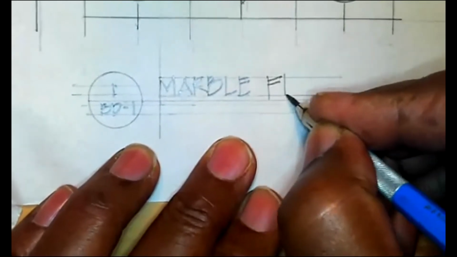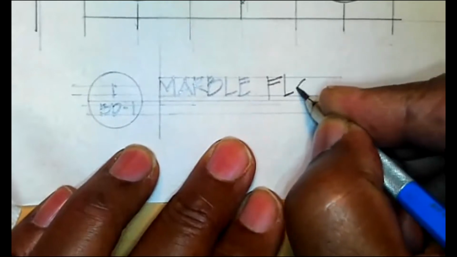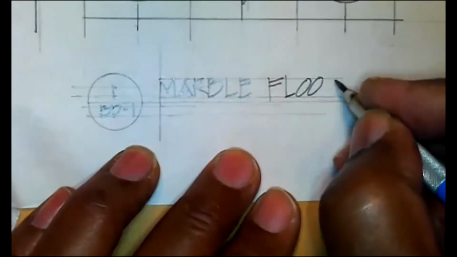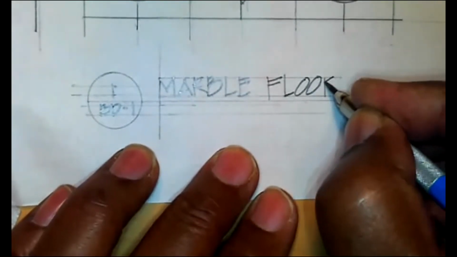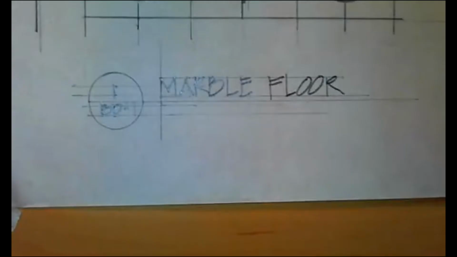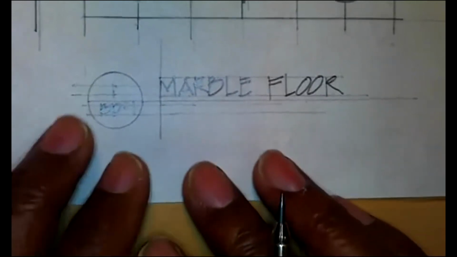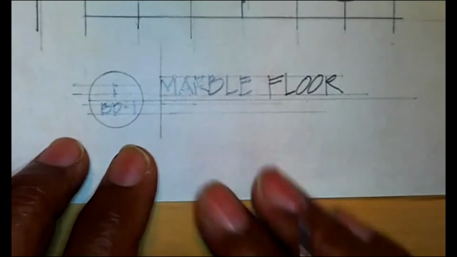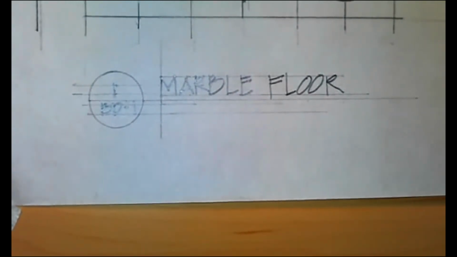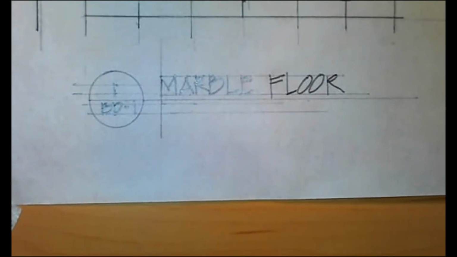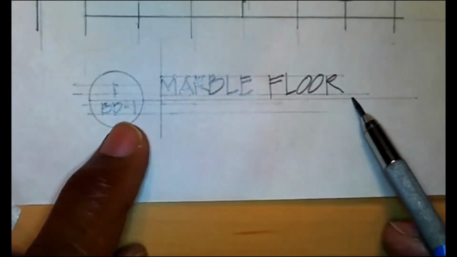Mr. Williams, for the line that's between the marble floor and the scale, that's going to be darker, correct? Yes, we're going to make it a secondary line in a few minutes. But I wanted to write the text first so that you could know how long to make the line.